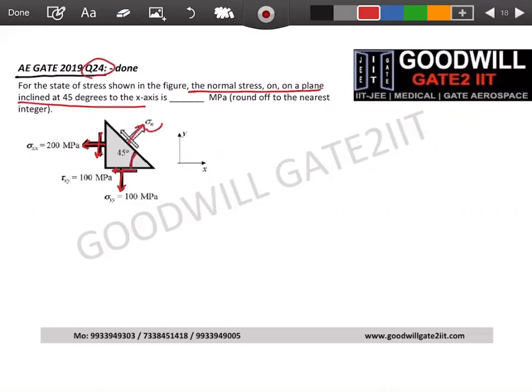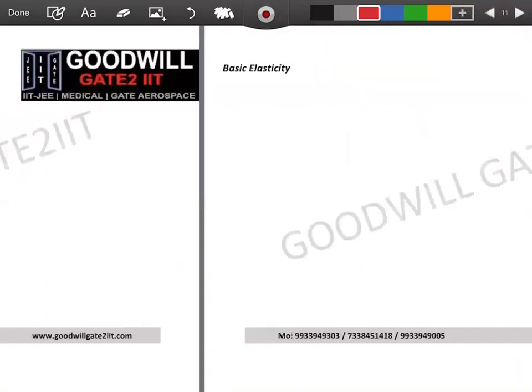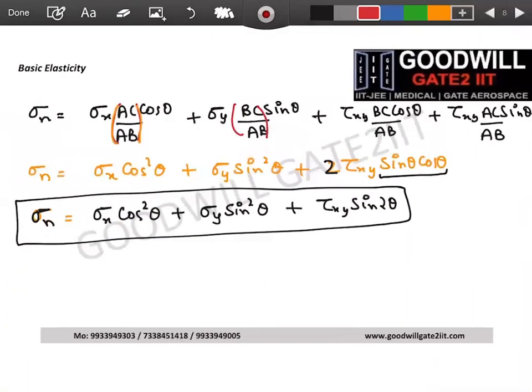If you use this equation in your exam, you will get marks, luckily, but don't forget that this angle is 45, so we got the same answer. I hope you understand why I am trying to make you understand stress transformation. We will solve all the numericals, starting with 2007 and going till 2023.